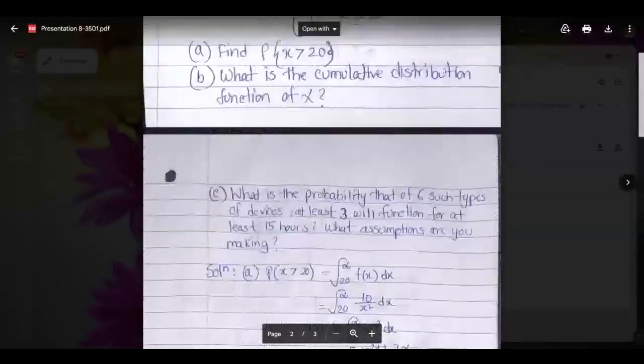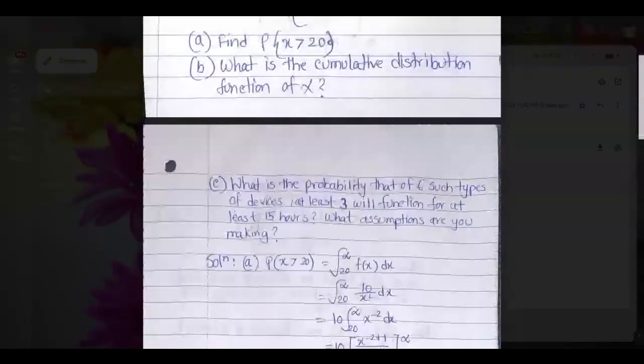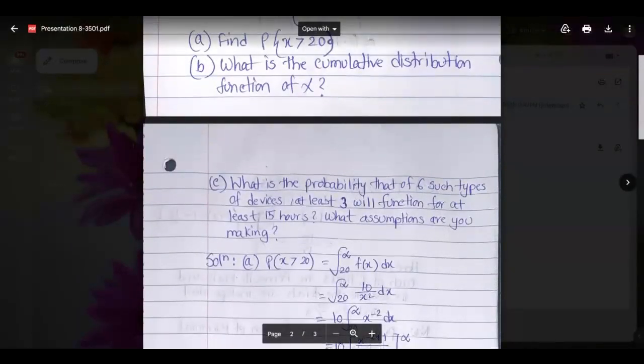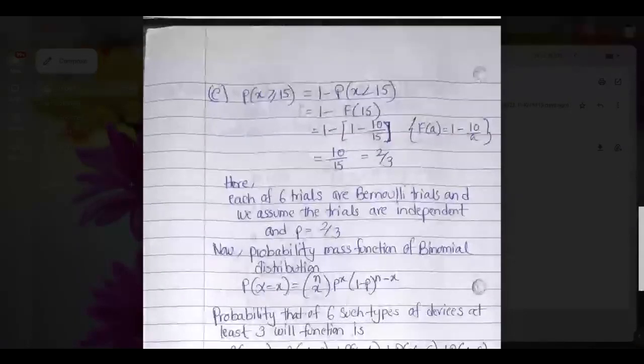And then moving on, part C: what is the probability that of 6 types of devices, at least 3 will function for at least 15 hours? What assumptions are you making? So we are going back to our last chapters.